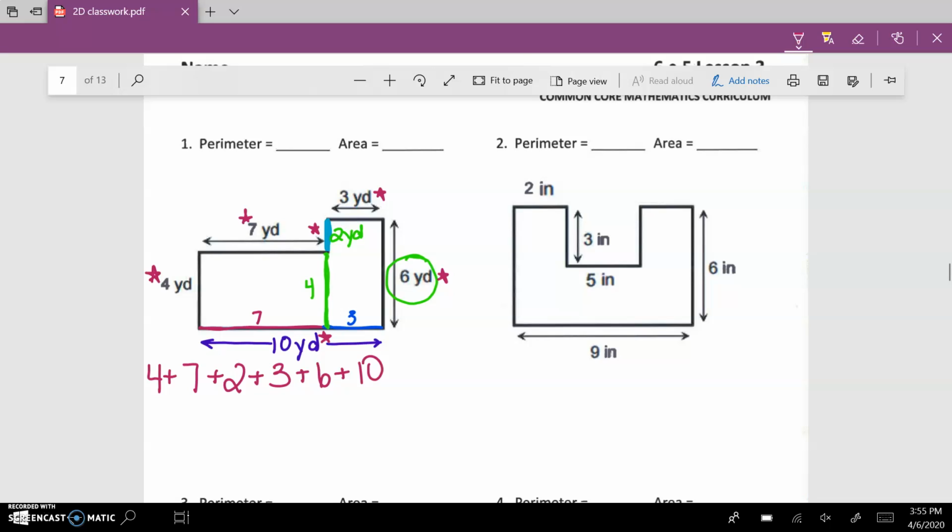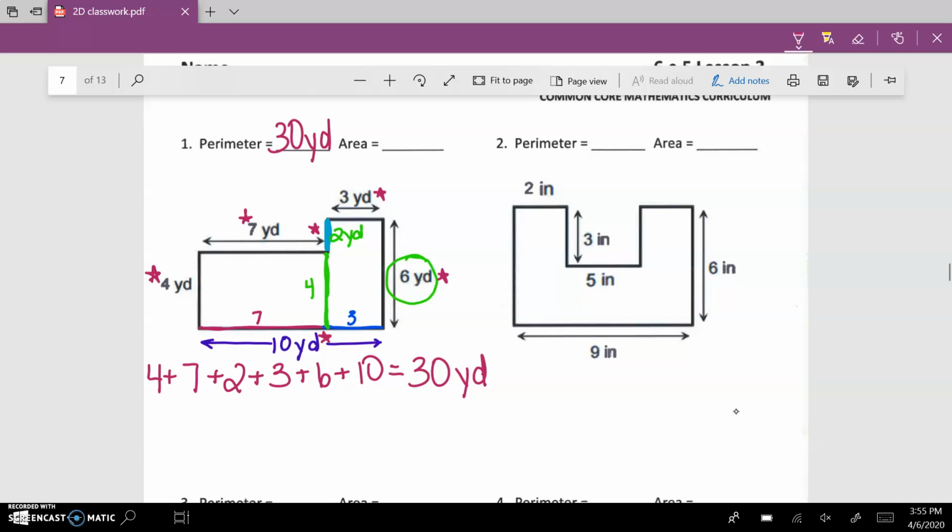If you count, we have 1, 2, 3, 4, 5, 6 sides to our shape, and when you add all of those up, you get 30, and it would be 30 yards. So that would go up here at the top.